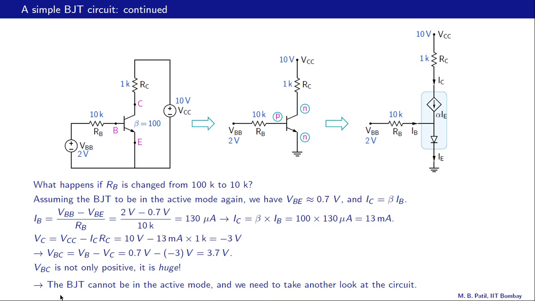And so what went wrong? What went wrong is our assumption of the BJT being in the active mode was not correct. So the BJT cannot be in the active mode, and therefore we need to take a second look at the circuit. So we'll come back to this circuit after we cover the BJT IV characteristics.